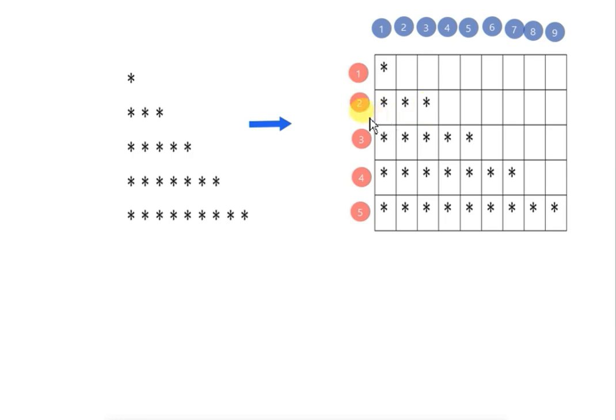For the second row we are printing the stars up to the third column, and for the fourth row we are printing the stars up to column number 7. So except the first row, we have different sets of stars for every other row. So this pattern is not of square form.